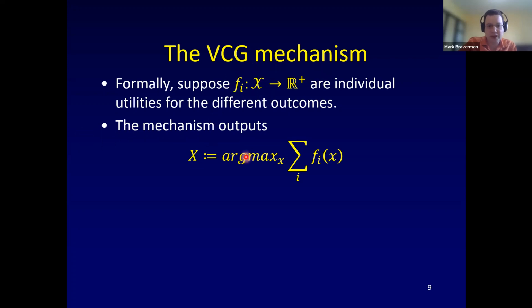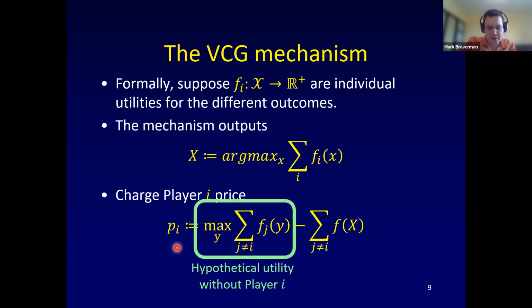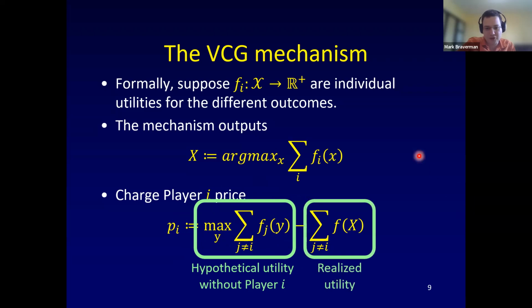So the mechanism will output the utility maximizing outcome, maximizing the sum of utilities, and this is the formula for what player i pays. As we said, this is the externality. This would be the hypothetical utility without player i. If we didn't need to accommodate player i, this would be the best outcome all the other players would choose, and that's the utility of that outcome, minus the realized utility of those other players. So p_i is exactly the externality.